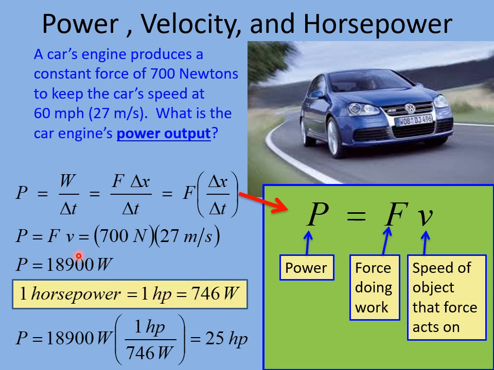So in order to convert our engine's power into horsepower, we just take our number here, 18,900 watts, and we multiply it by 1 horsepower per 746 watts. So we're basically taking this number, 18,900, dividing it by 746, and we get the equivalent power output here in horsepower. The engine's power is 25 horsepower.